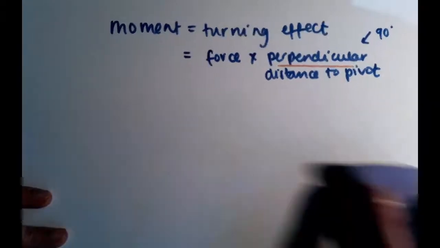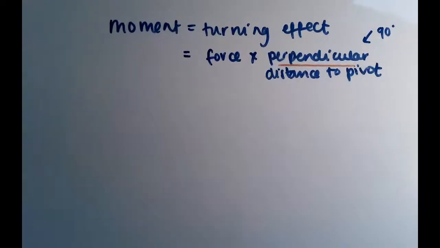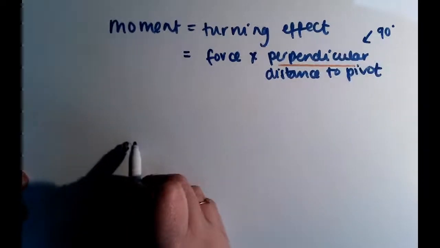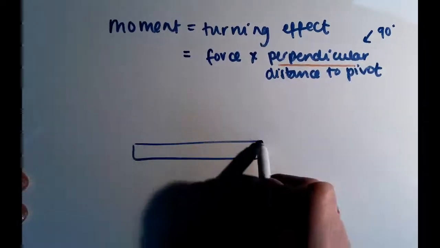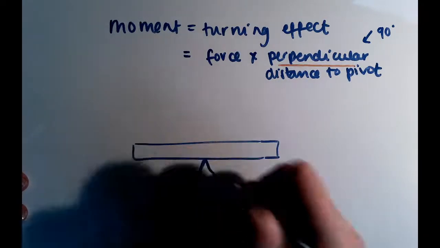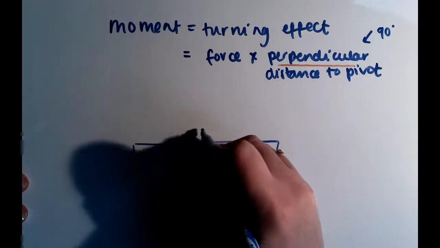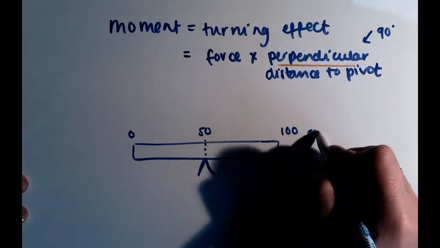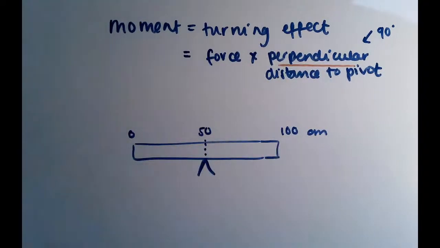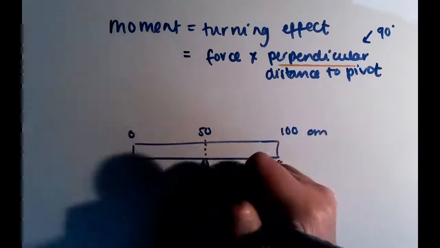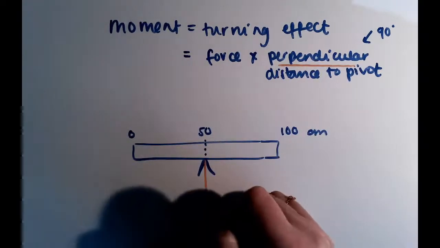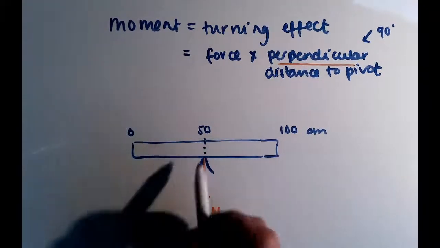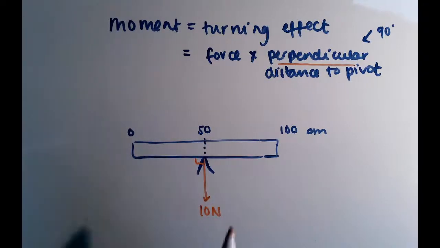It could be that there are multiple moments acting and you have to find the total. So now we're going to look at the rod again. We're going to put the pivot at the 50 centimetre mark. Here's 0, here's 100. And so now the weight of the ruler, which we said was 10 newtons, is acting at a perpendicular distance of 0 because it's at the pivot point.